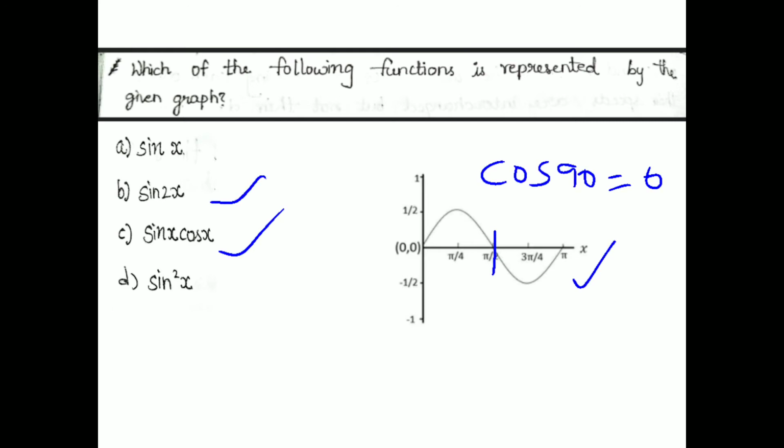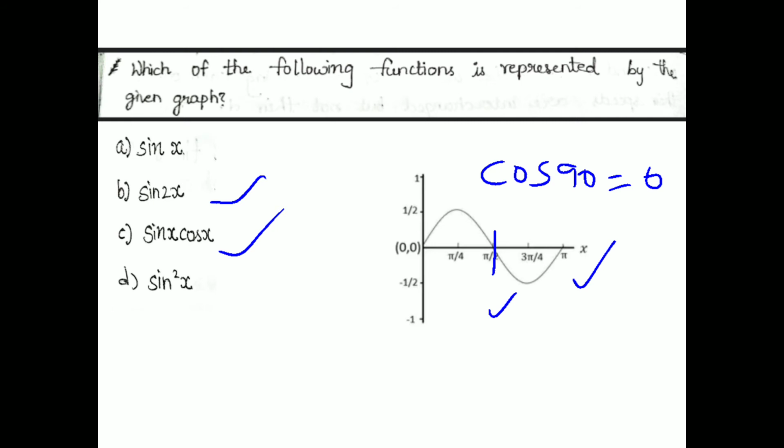Another thing we need to observe: by knowing that cos pi by 2 is 0, based on this we have found that B and C could be the options, so we have eliminated A and D. Now another thing to observe in the graph is that the function is not becoming 1.